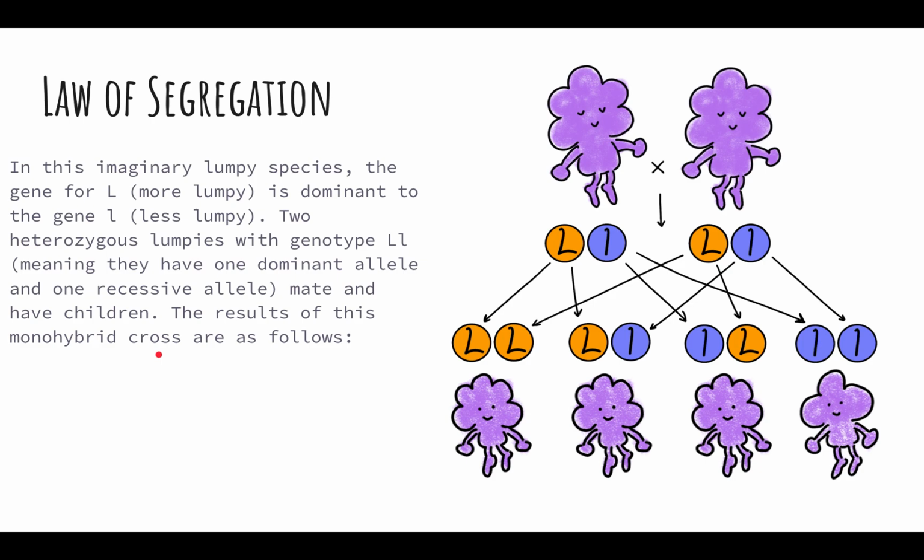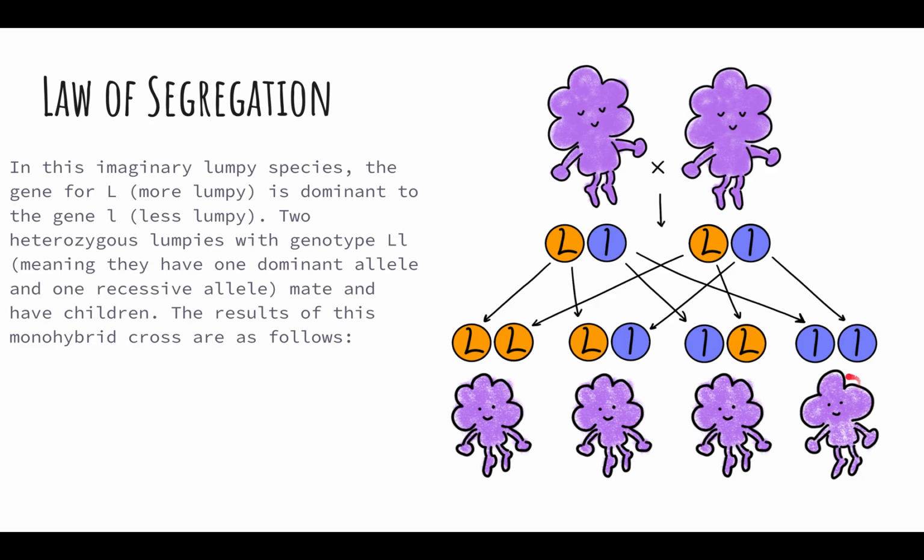Now, of course, this is if they have 4 children, but these are the 4 options for these creatures. Of course, it could be luck of the draw. They could get all 4 of them having this genotype, but these are just the options. So we could see that the big L could be distributed to these two, and this big L distributed also to these two, and the little l to these two, and there's a 25% chance that one of them would be both little l's.